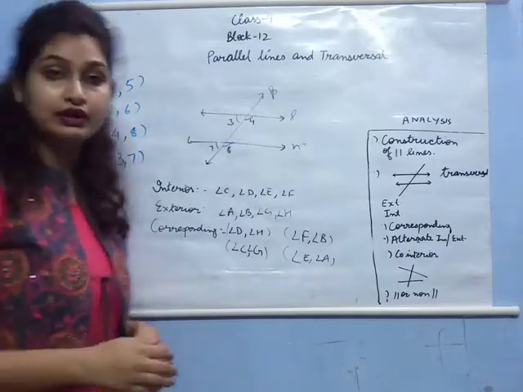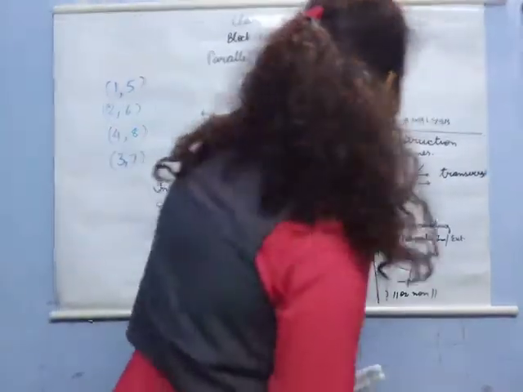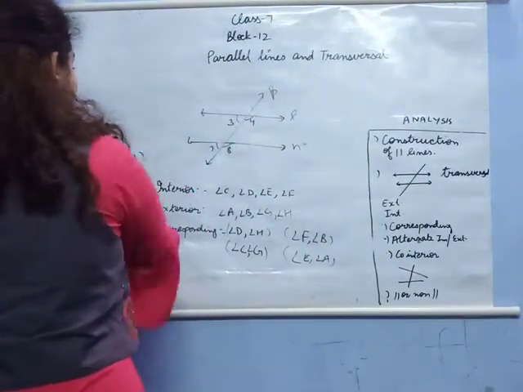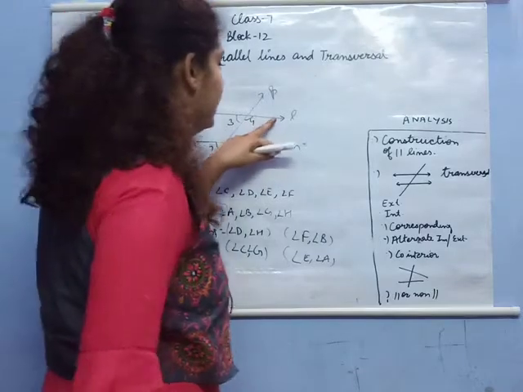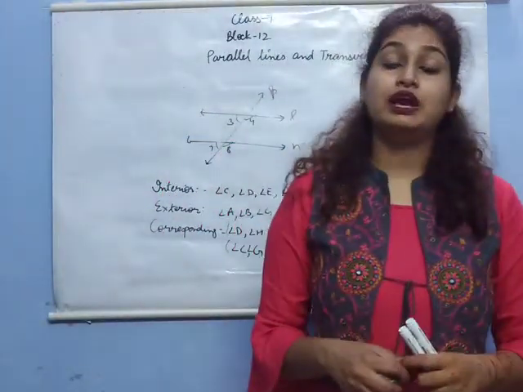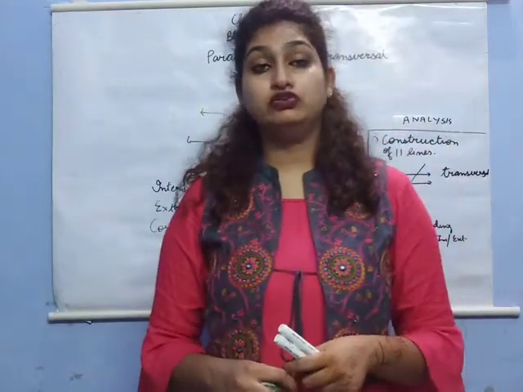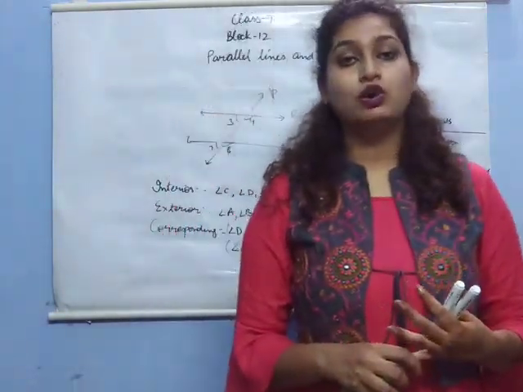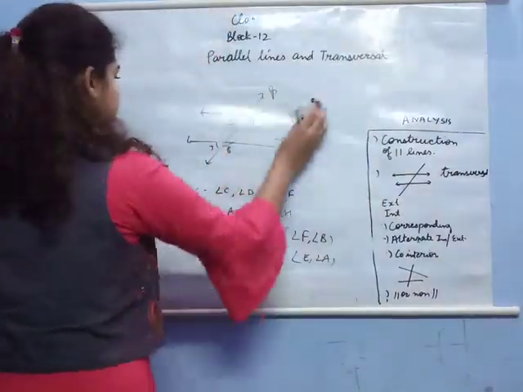I hope you now get what corresponding angles are. And when the lines are parallel and the transversal is crossing through them, these corresponding angles are always equal in measure. If you measure them with the help of a protractor, they are always equal in measure.